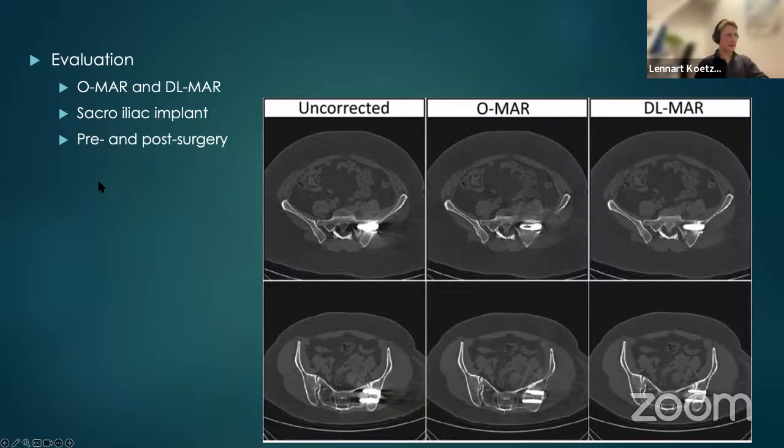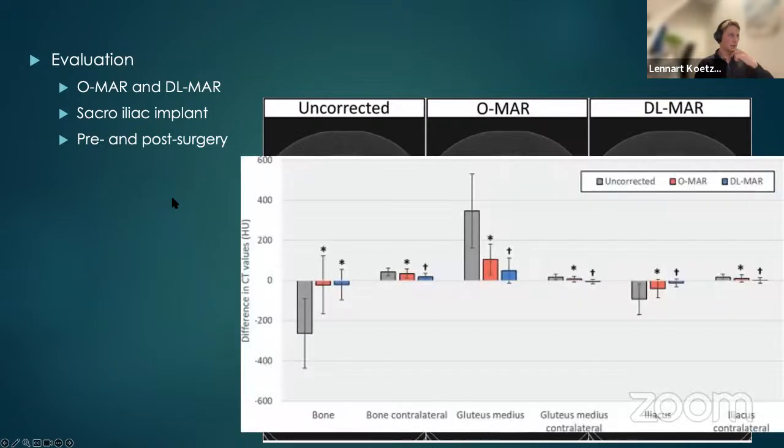And in this study, they used pre and post surgery scans to see how well their algorithm worked. For this, they looked at differences in CT values between the pre-surgery scan and the post-surgery scan.